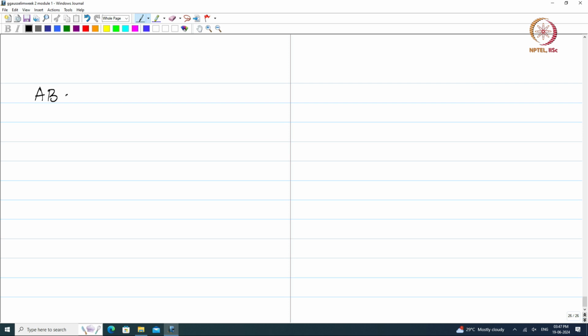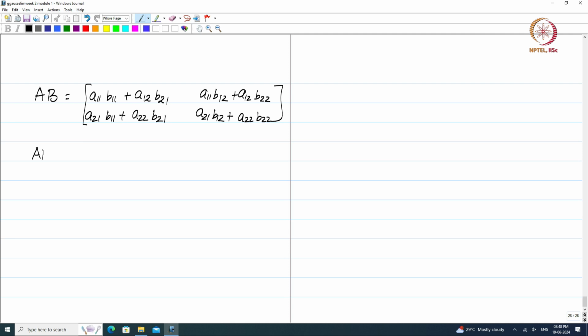If you multiply these two 2 by 2 matrices, we get A11 B11 plus A12 into B21, A11 into B12 plus A12 B22. Second row, A21 into B11 plus A22 into B21, A21 into B12 plus A22 into B22.